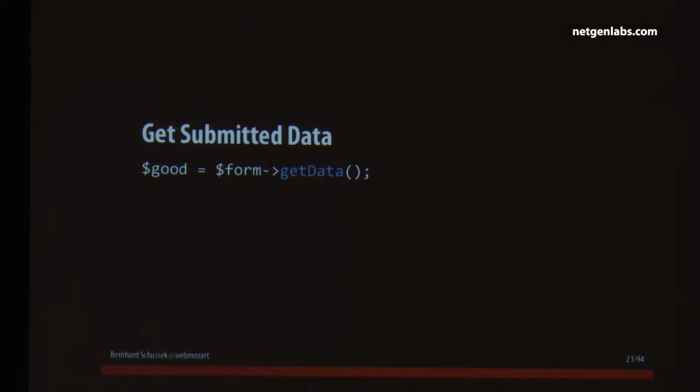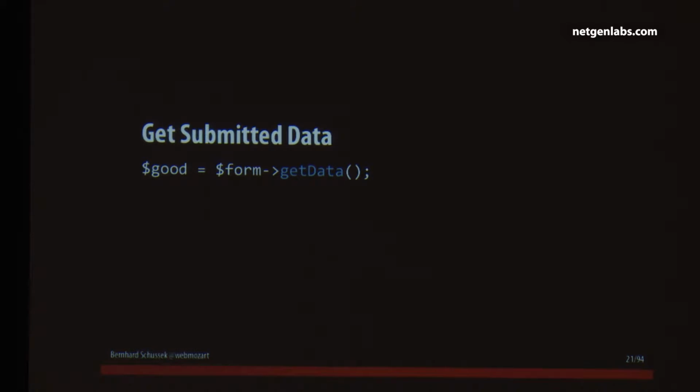To receive the submitted and changed good instance, you can just call getData on the form. This will return the good that was modified. Since you specified the data class option on the form object, it is even able to create new instances by itself.